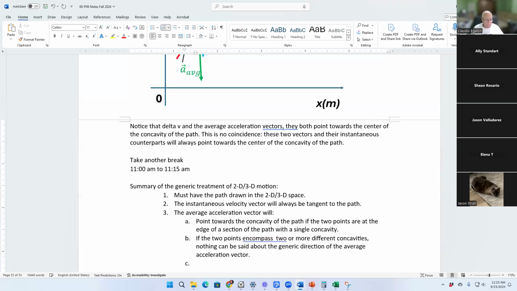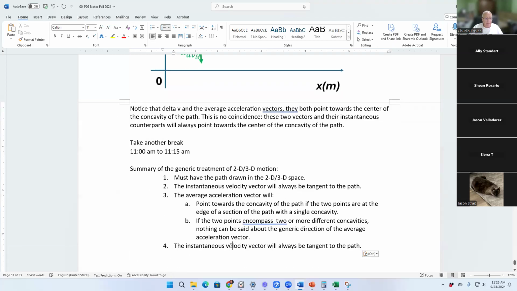Okay. Now, the instantaneous acceleration vector will always point towards the concavity of the path. Okay?